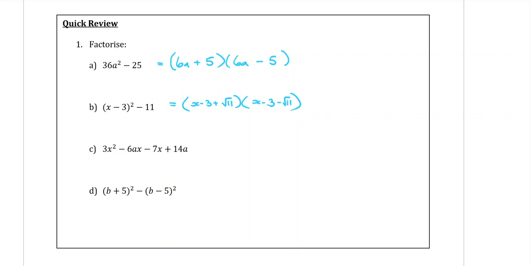In question C, I have 4 terms. So this is factorising in pairs. I'm going to take the first and second term, and I can see that I have a common factor of 3 and x. So that's going to come out the front, and then that would leave x take away 2a remaining.